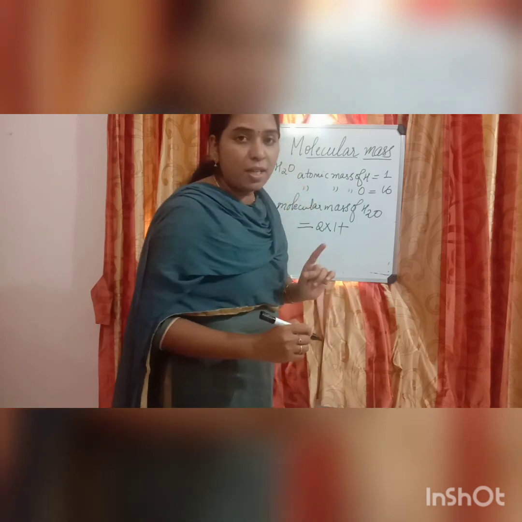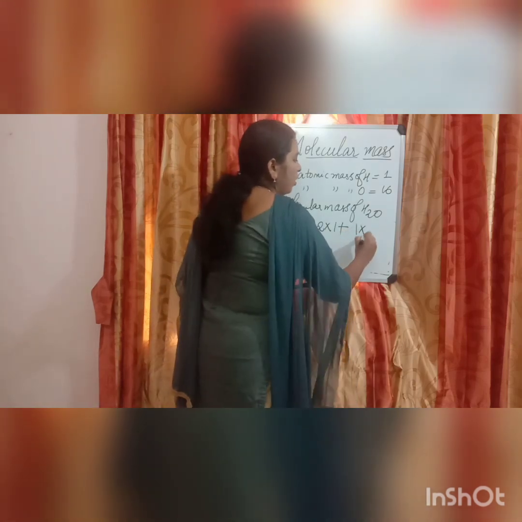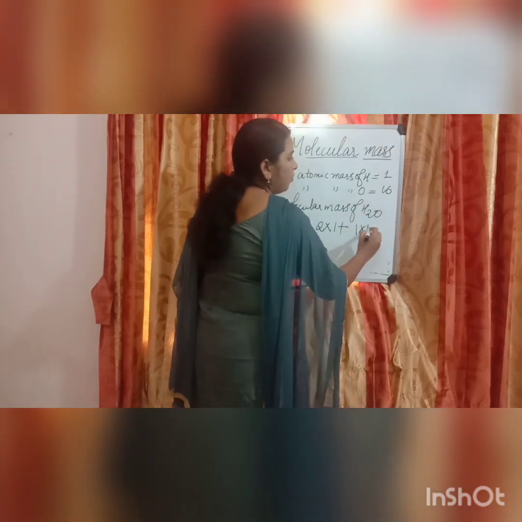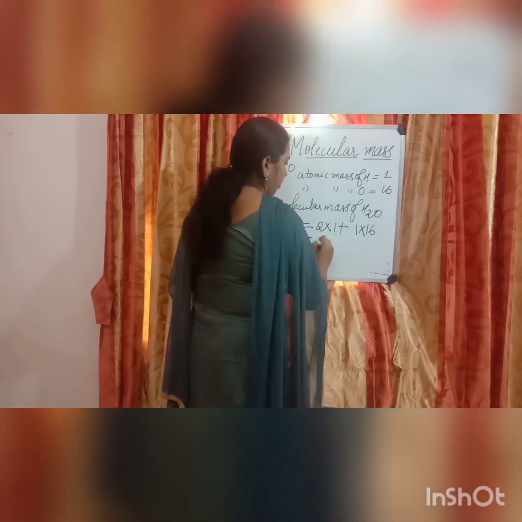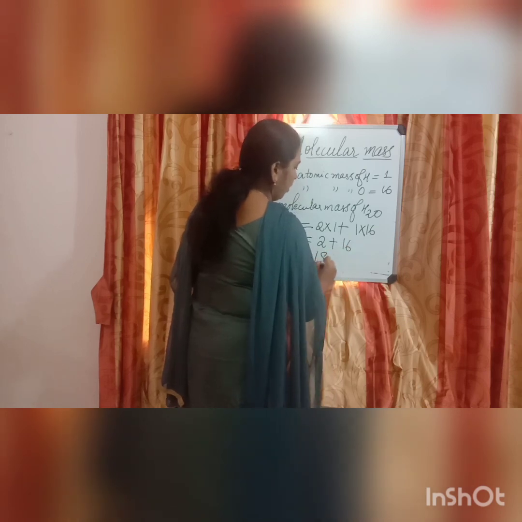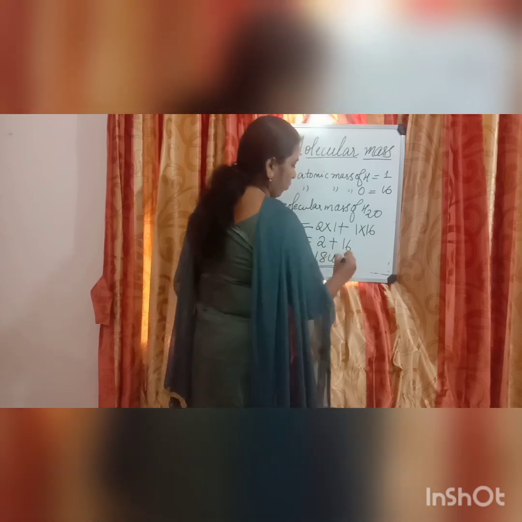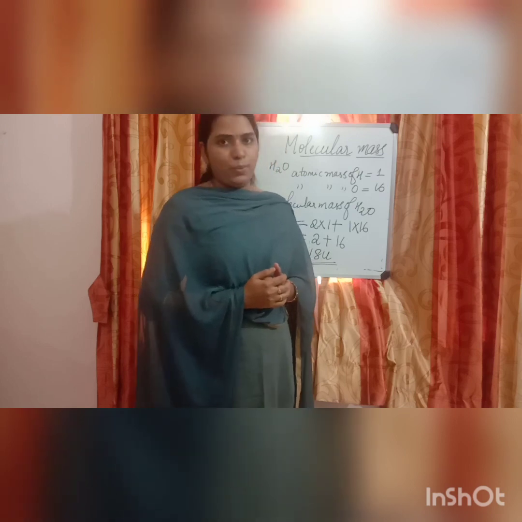How many oxygen atoms are there? Yes, only 1 oxygen atom is there. So 1 into atomic mass of oxygen is 16. So 1 into 16, that is 2 plus 16. So total 18 U. U represents unified mass. So children, molecular mass of water is 18 U.